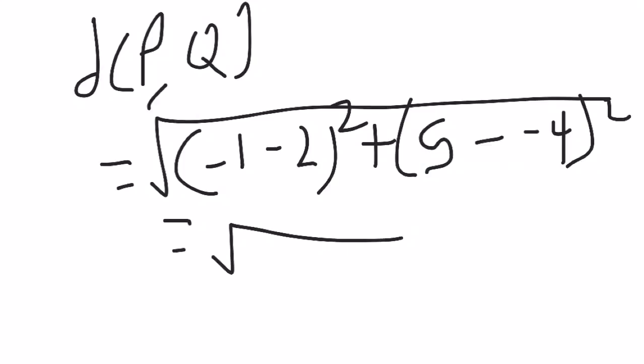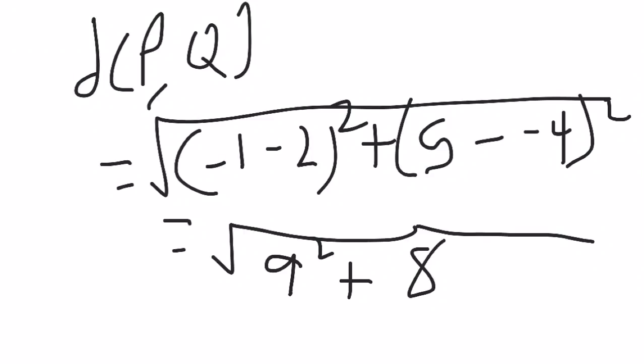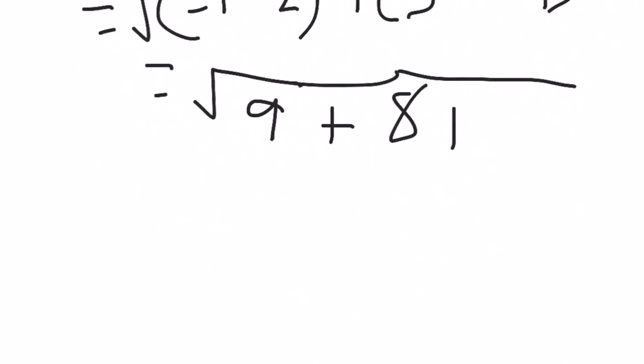So that would be negative 1 minus 2, which would be negative 3, so that would be positive 9 after you square it. 5 minus negative 4. Those would turn to addition, so it would be 5 plus 4, which is 9, so 9 squared, which is 81. So 9 plus 81, which would be square root of 90.